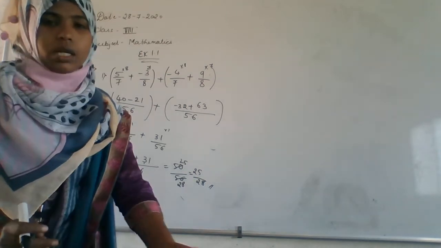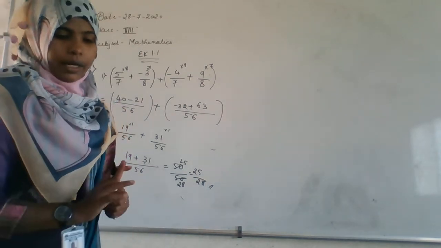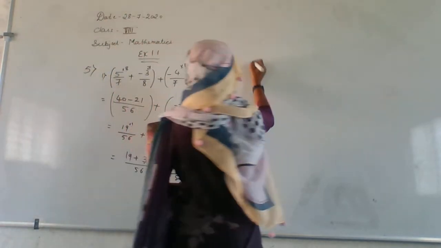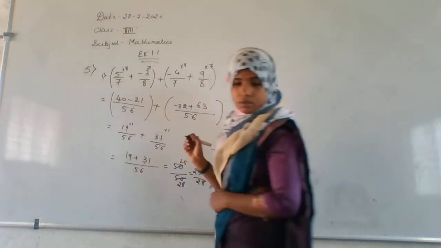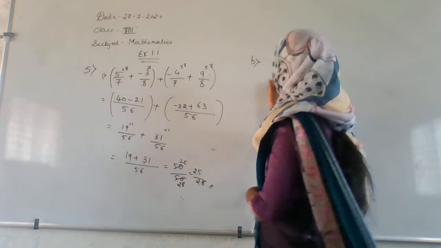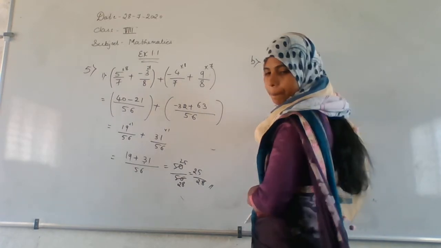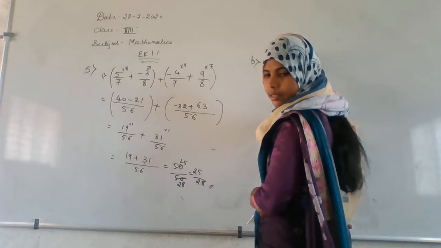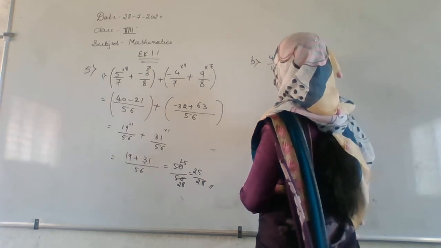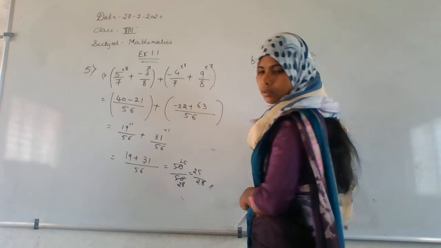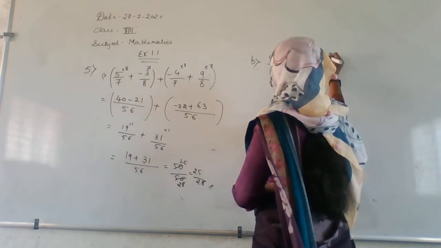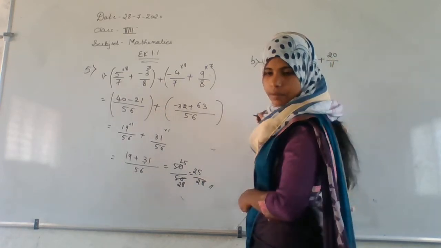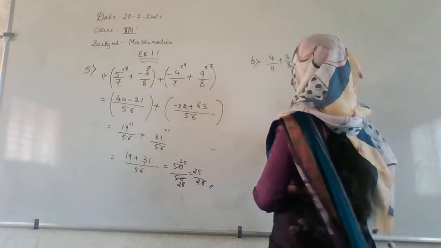Okay, and the next thing. Again they have given the second one: 4 by 11 plus 3 by 8 plus minus 7 by 8 plus minus 20 divided by 11.